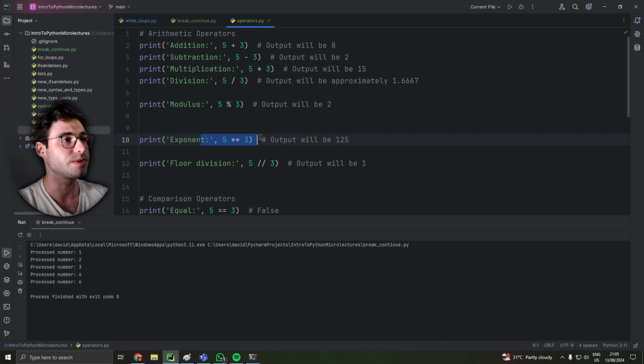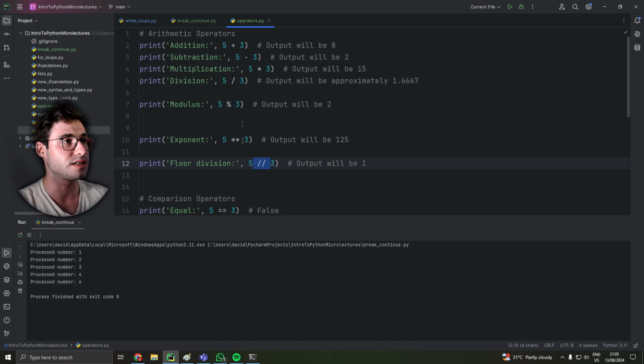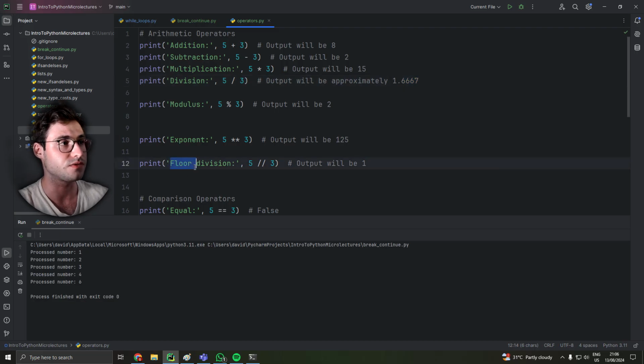Then we have the exponent, same as the math operation, so this means 5 to the power of 3, the output will be 125. Then we have floor division. This is a bit more interesting because as opposed to division, which gives you the exact floating point value, the floor division will get you an integer value that is rounded down, so hence the floor.